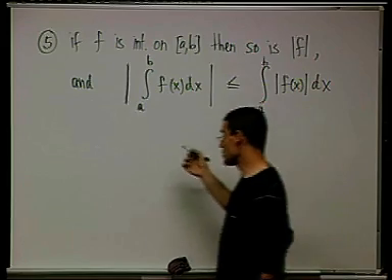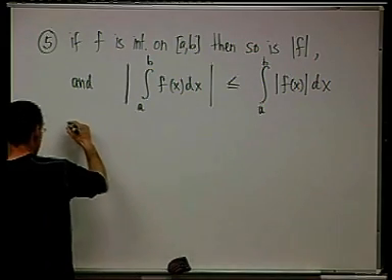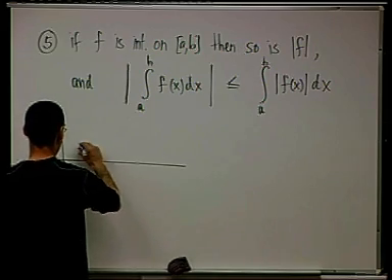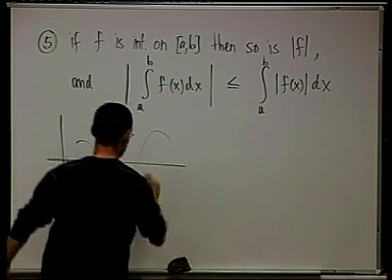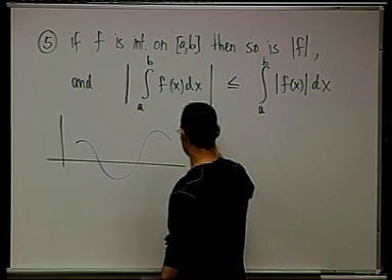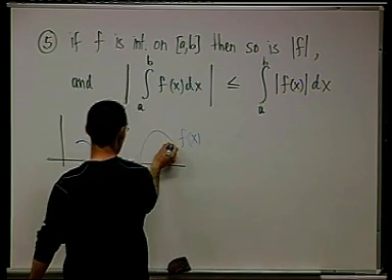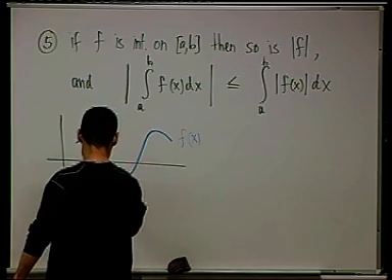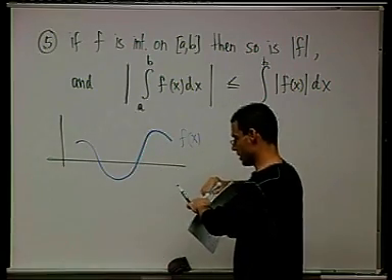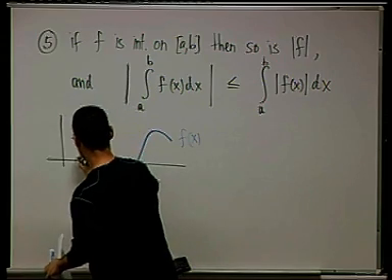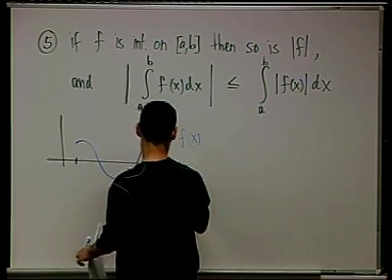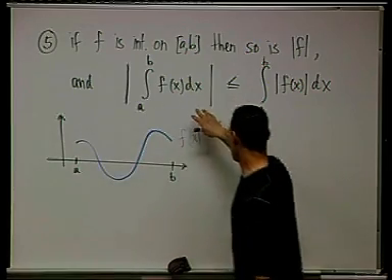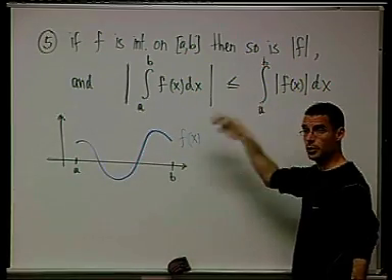When the function is not positive, here's a function that's not positive, something like this. And here's the interval AB. Let's see what the two sides of this inequality mean.